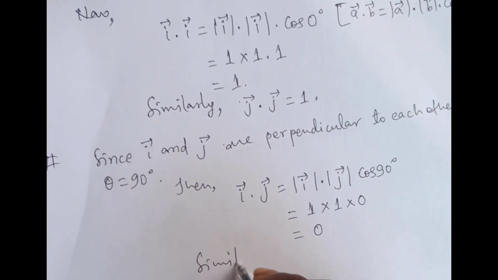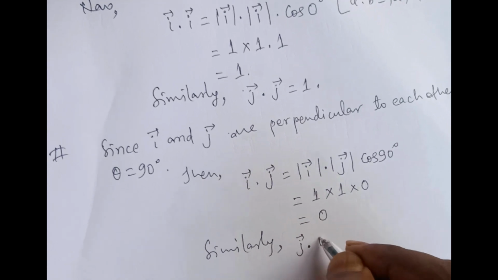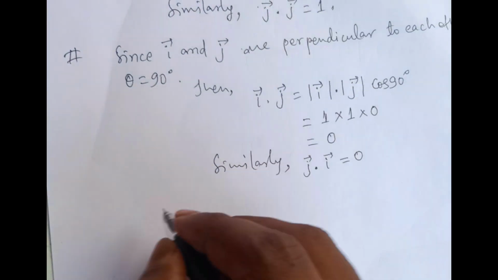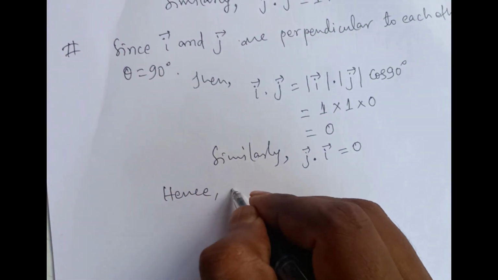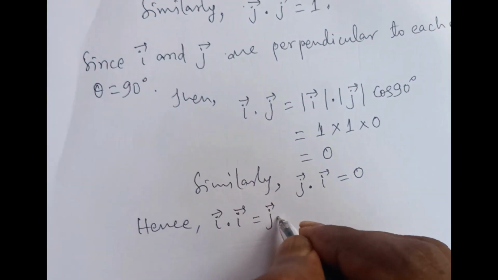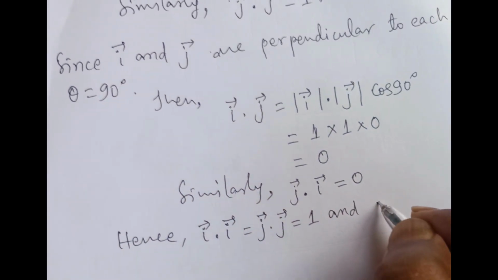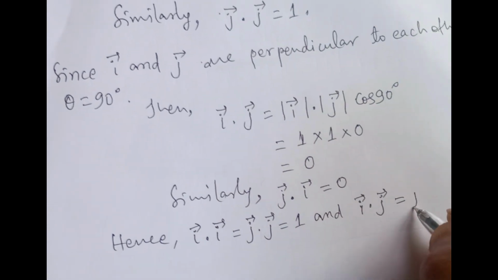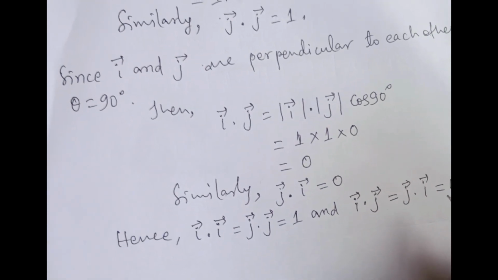Similarly, j dot i also gives 0. Hence, i vector dot i vector is equal to j vector dot j vector is equal to 1, and i vector dot j vector is equal to j vector dot i vector is equal to 0.